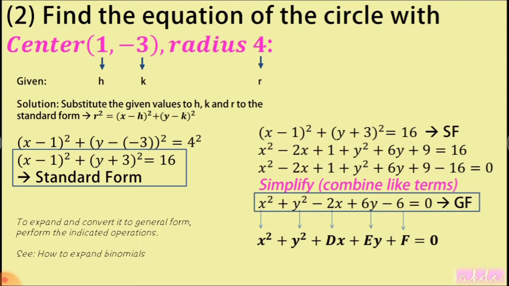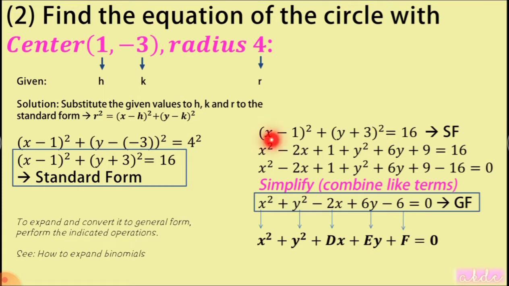Now to expand and convert it to general form, perform the indicated operations. Since our standard form is raised to the power of 2, we have to expand it. So by expanding binomials, this will become x minus 1 times x minus 1, and y plus 3 times y plus 3.